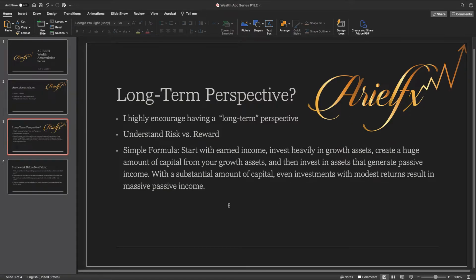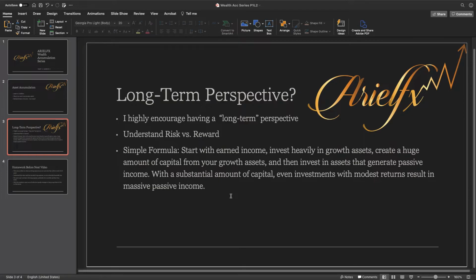With a substantial amount of capital, even investments with modest returns result in massive passive income. So what I'm telling you is that cash flow exceeding living expenses is the ultimate goal, but you're not going to really make much cash flow.